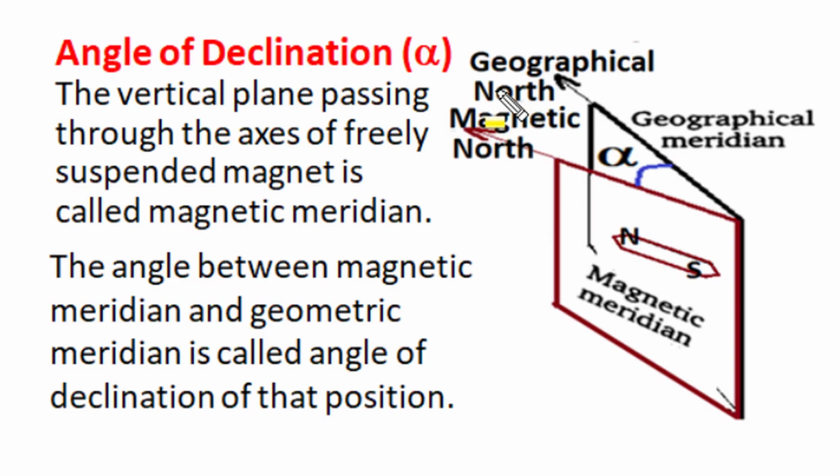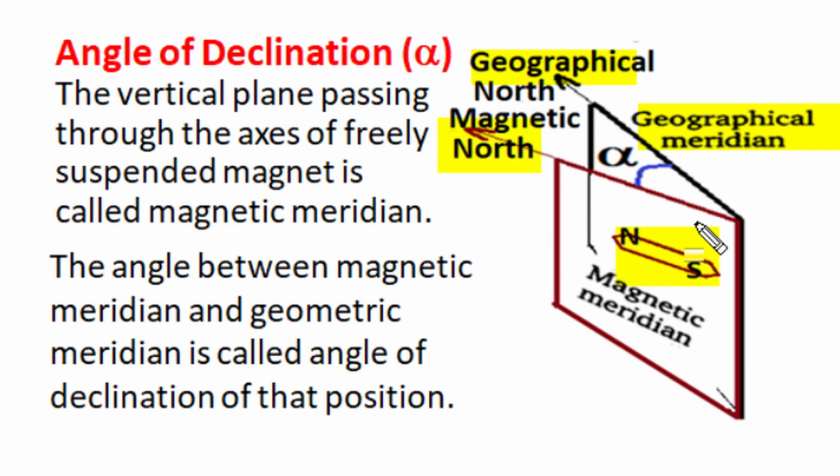The axis joining the geographical north and geographical south poles is called the axis of rotation, and any vertical plane passing through that axis on Earth's surface is called a geographical meridian, or any plane parallel to this vertical plane is also called a geographical meridian, and another vertical plane on the surface of Earth along the axis of a freely suspended magnet is called the magnetic meridian.